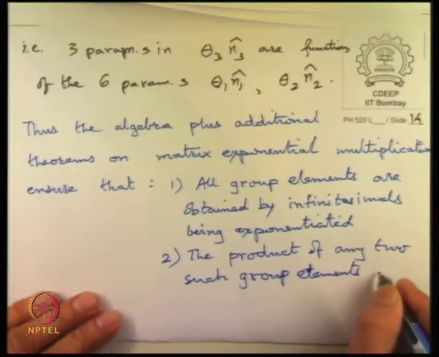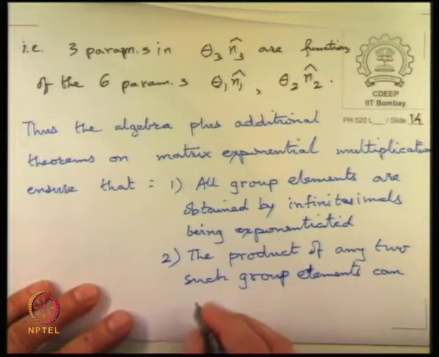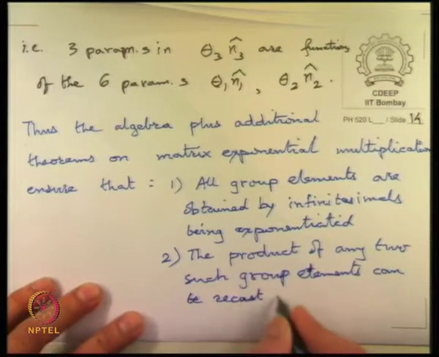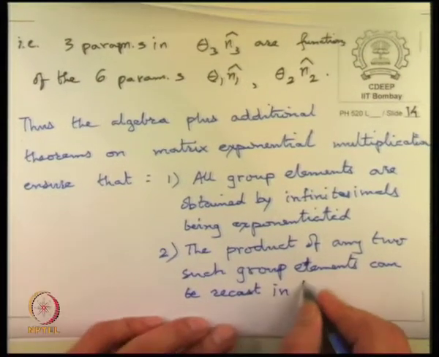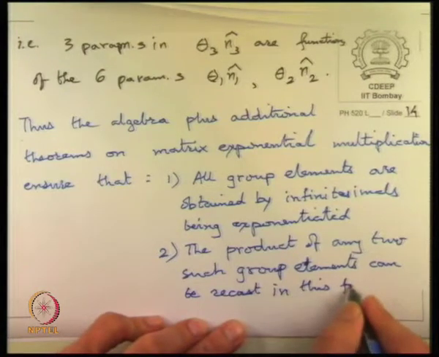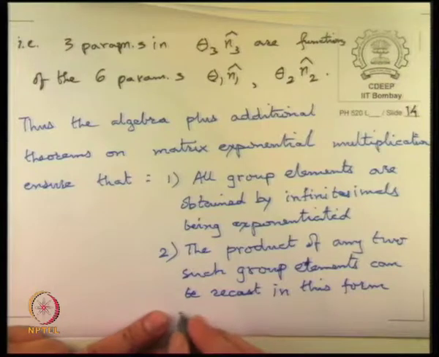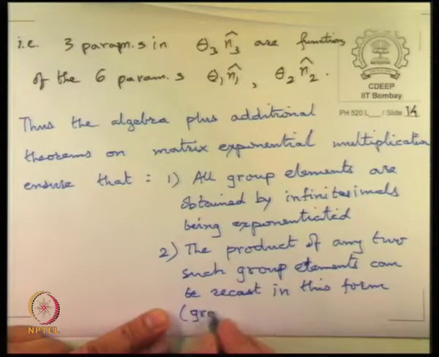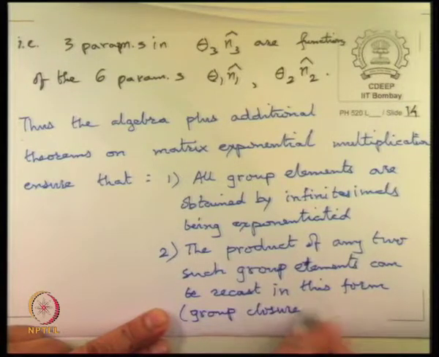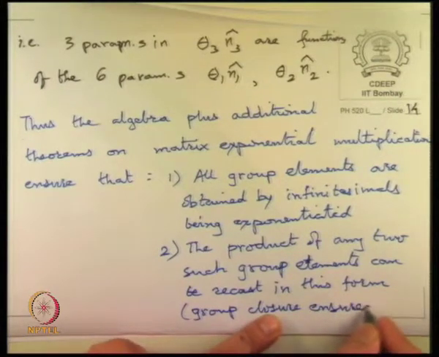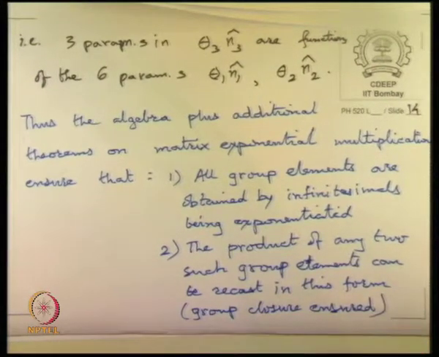Elements can be recast in this form, making group multiplication manifest. Group closure property. Group closure ensured in this form.